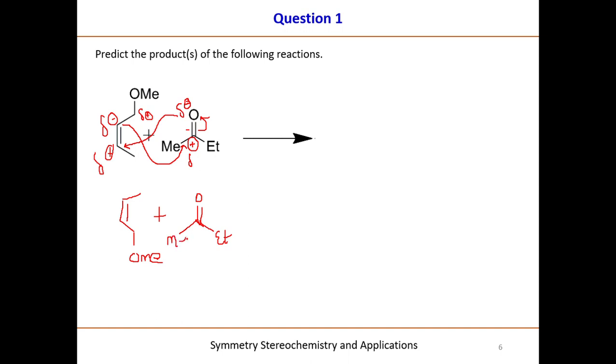Correct? Now when the 2 plus 2 cycloaddition reaction takes place, what will we get here? A 4-member cyclic ring. Now, here we have oxygen. In the 4-member cyclic ring, we have oxygen at one corner.